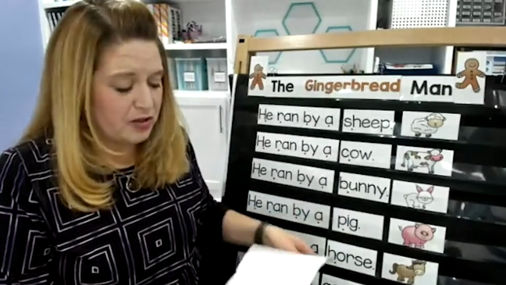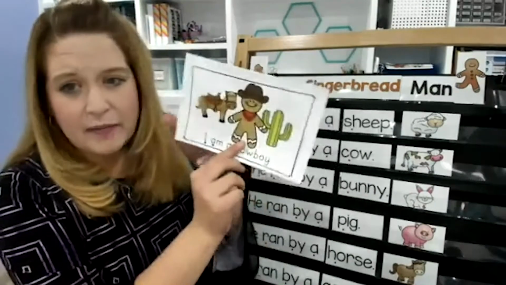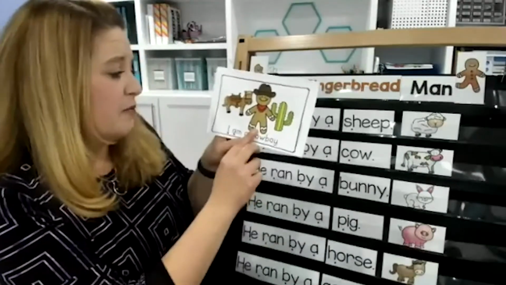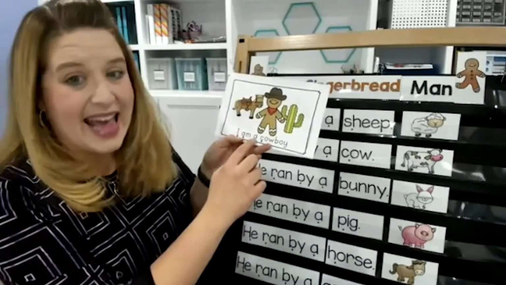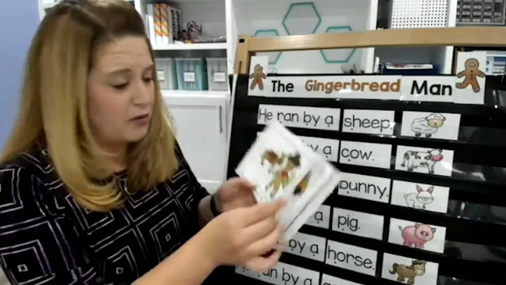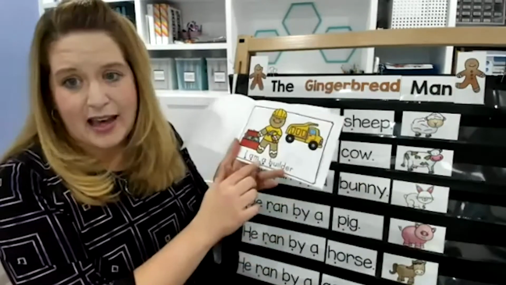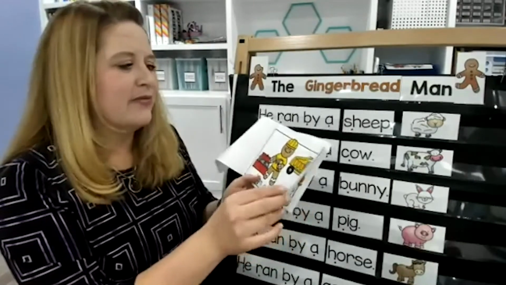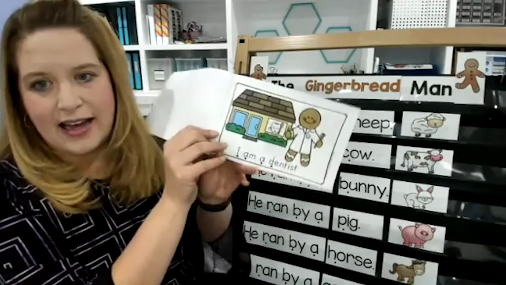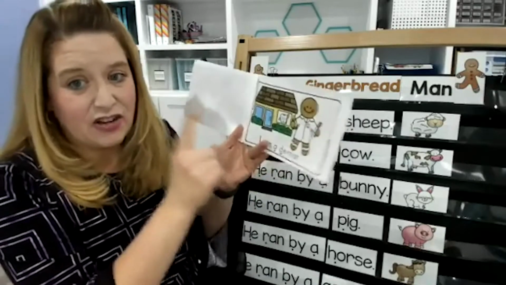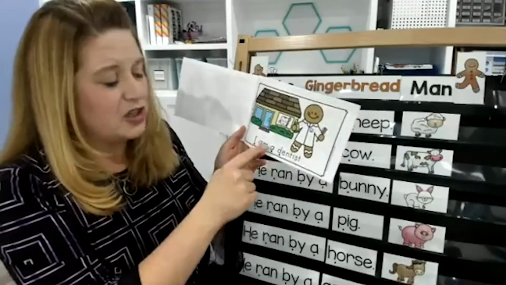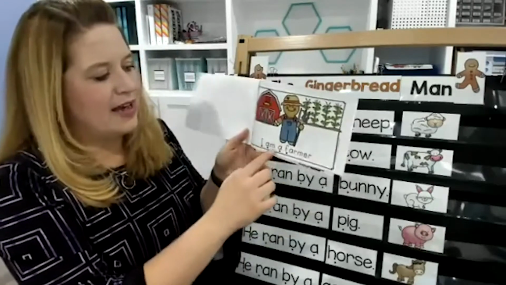I have this adorable clip art from Laura Strickland, where the gingerbread man is dressed up as different people. So it says, "I am a cowboy." So I added that 4th word in there for them. "I am a builder. I am a dentist." And again, they're using their reading finger to point to each word. "I am a farmer."